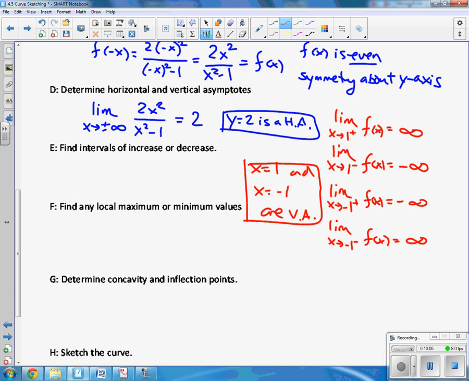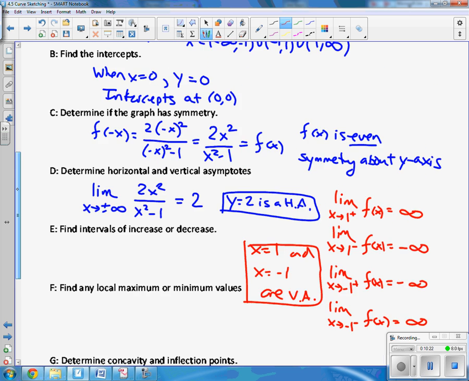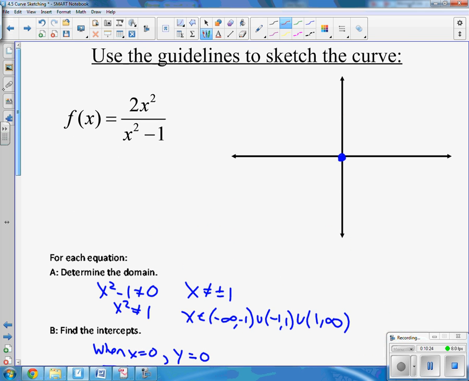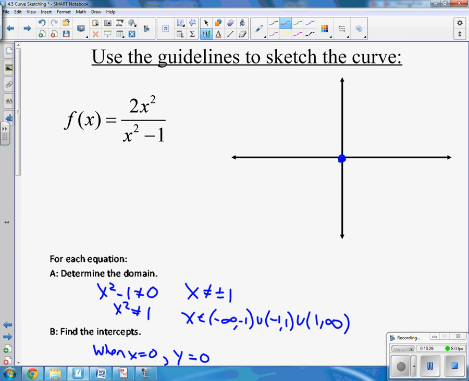Okay, so again, you can sketch along the way. You don't have to wait until you've done all up through part G before you start sketching. So both sets of asymptotes are a great place to start. So I'm actually going to go right up to my graph now and sketch both of these sets of asymptotes. Okay, and I know I have horizontal at y equals 2.